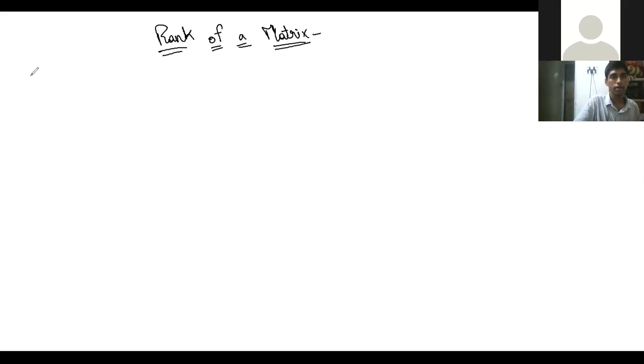Did we define submatrix? Yes, sir. It is the matrix obtained by eliminating any number of rows and any number of columns.